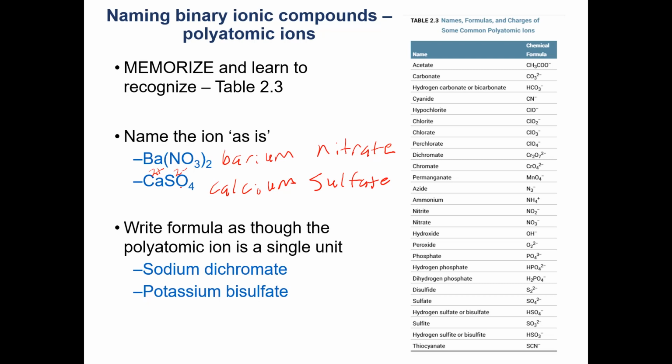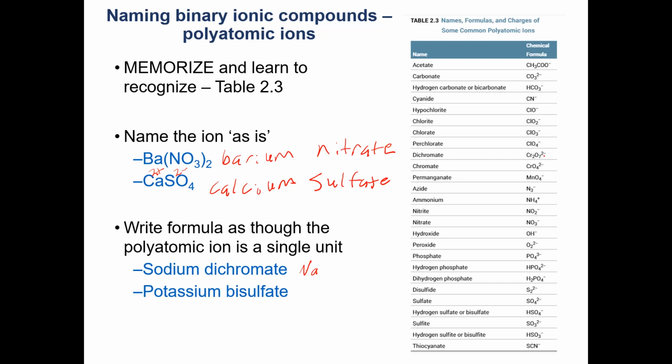So let's look at a few examples here. Sodium dichromate. So sodium is Na, and it has a 1 positive charge on it because it's in group 1. If we look at our table here, dichromate is right here. Dichromate is Cr2O7 2 negative.